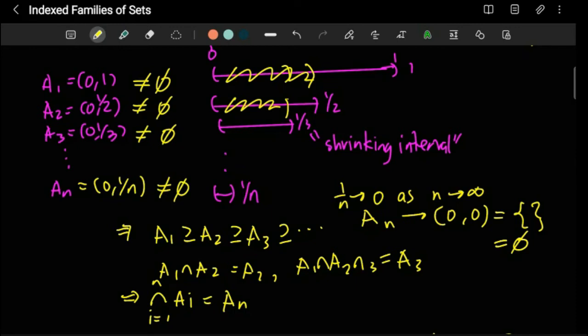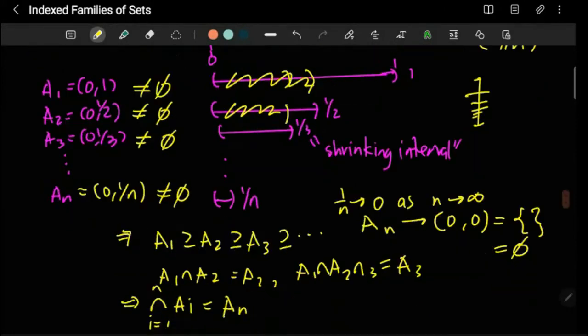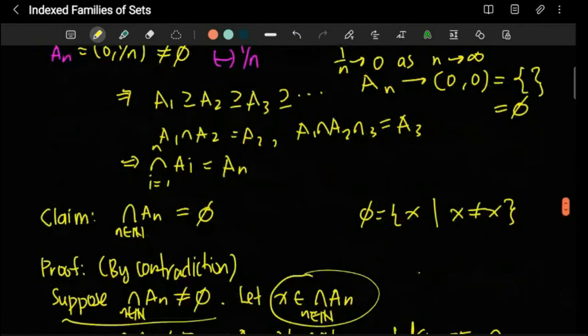We have no empty set. But when we intersect them, the answer is empty. That's what's amazing. We keep getting smaller and smaller, but we never become empty. No value of n will make it empty. But if we get the intersection of these non-empty sets, how come the result is empty?